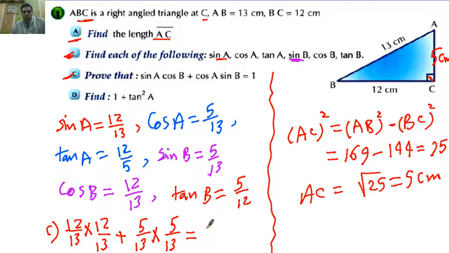Then the result equals 144 plus 25 over 169 equals 1.